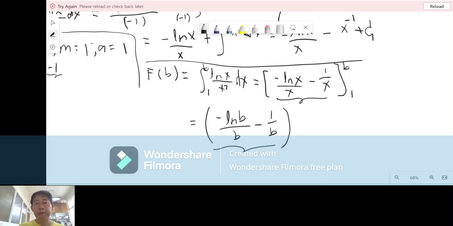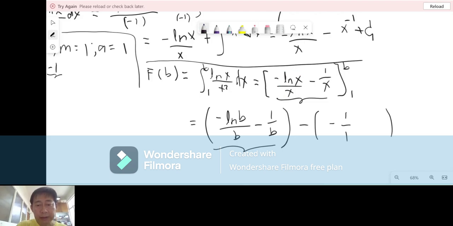These two terms are obtained by substituting b into the x of the square bracket. Then we have another term, which is the value obtained by substituting x in the square bracket by the value of 1. And that would be just equal to minus 1 over 1, where the term involving ln 1 is 0.